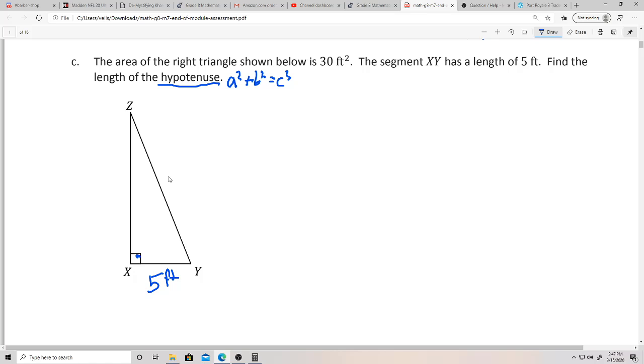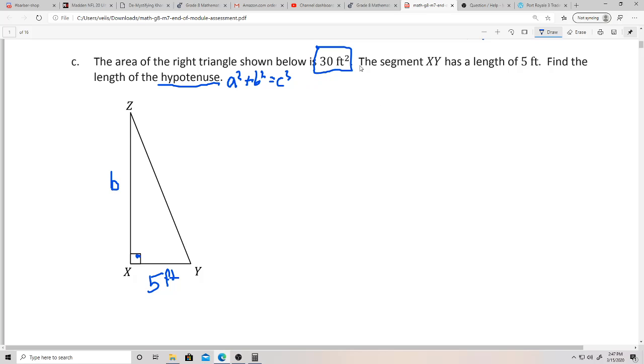We know one side, we don't know the other side, and we have to find the hypotenuse. So the key is, what tools have I been taught? All we got to do is use the clues, and the only clue they gave us was that the area was 30 foot.